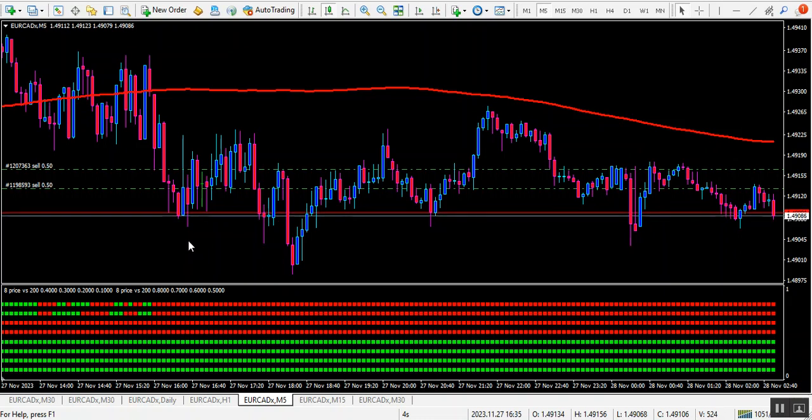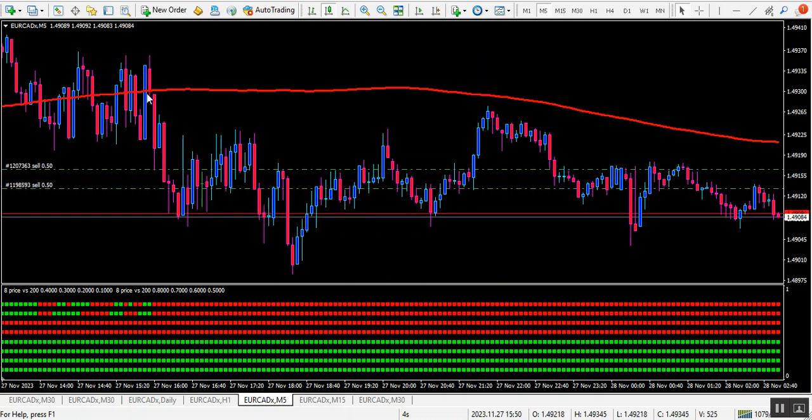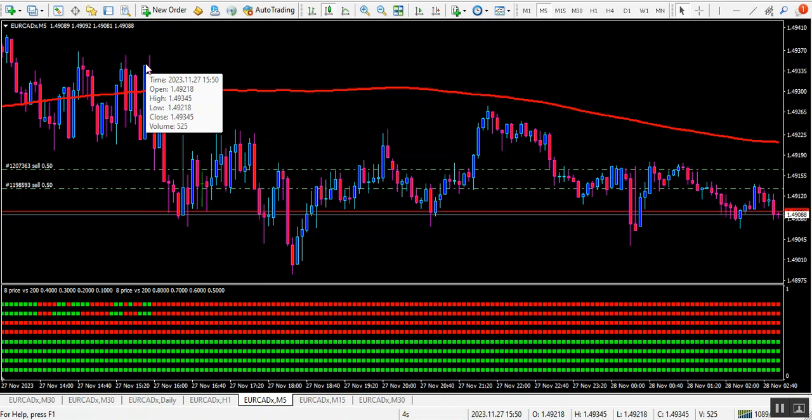The reason I like these is because it shows all the time frames all the way back. Now, I don't know what this says here, November something, 27th. I guess that's today, yeah. It's today, November 27th. Just say, for instance, you wanted to buy right there, for whatever reason. And if you felt you needed to know where the price was in relation to the 200 on the daily chart, we're on the 5 minute.